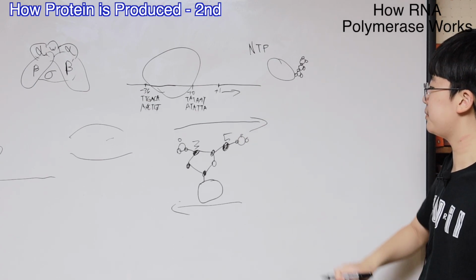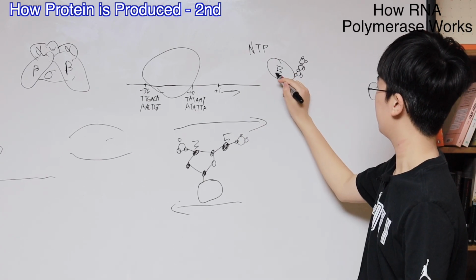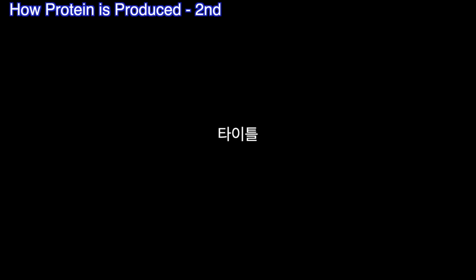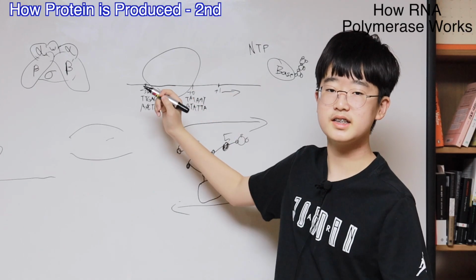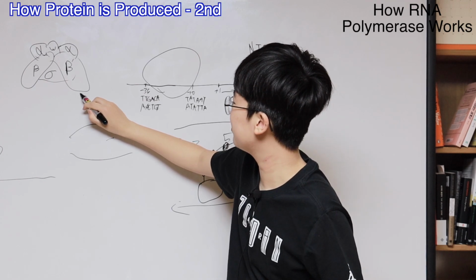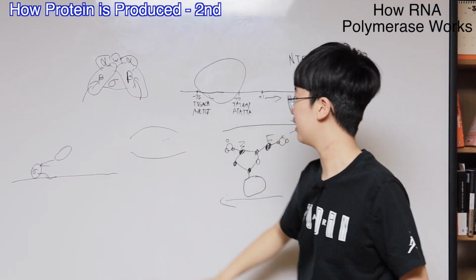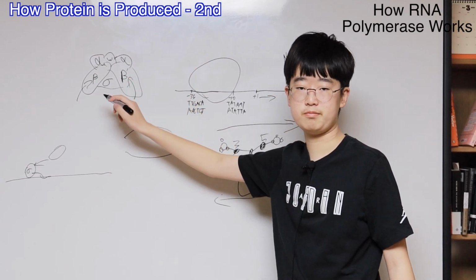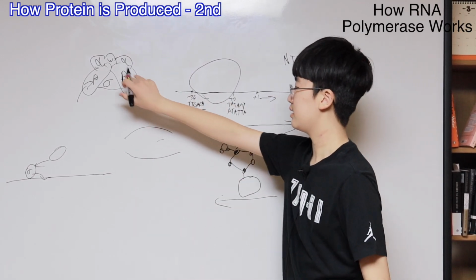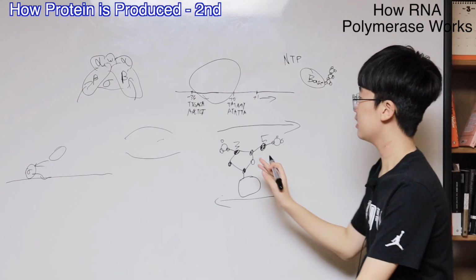So this NTP, this is the base. The NTP is sucked up by the beta prime and the beta subunits, and it is sucked up there.